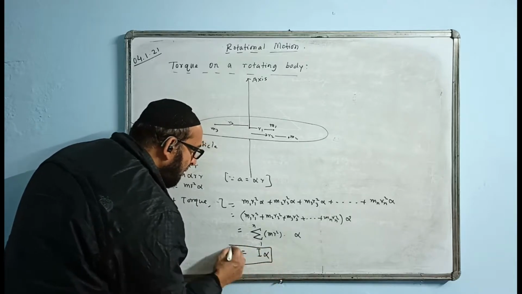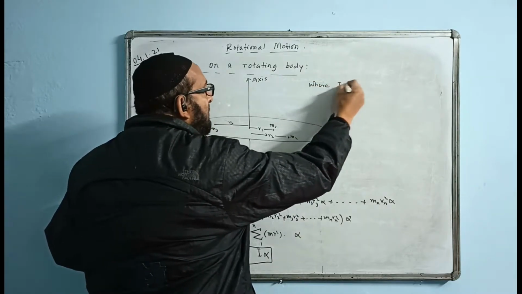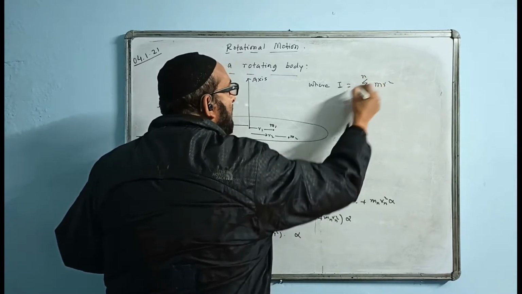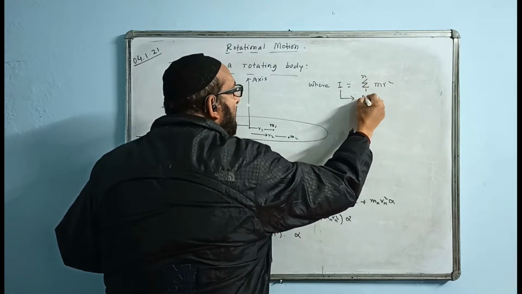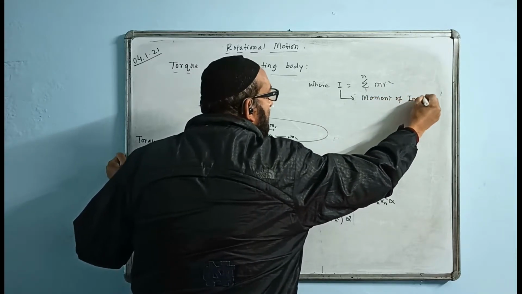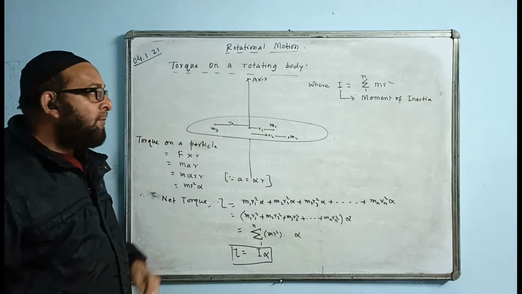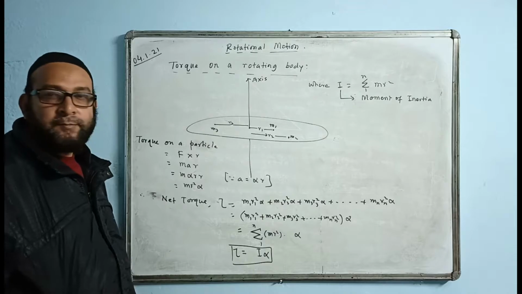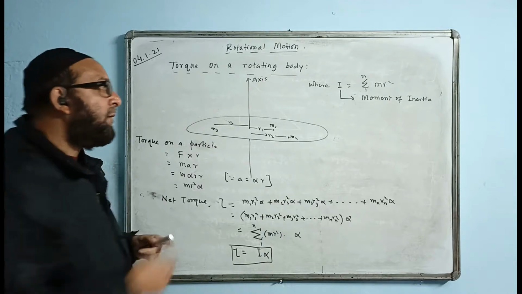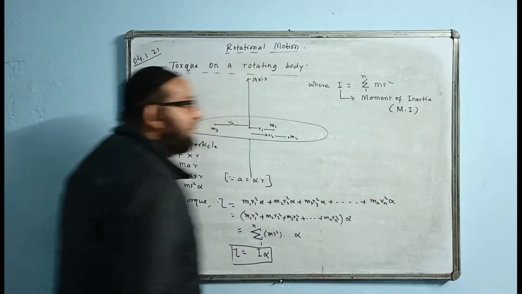This is the formula, where I is equal to the summation of m r square from 1 to n. This I is called moment of inertia, in short M.I.